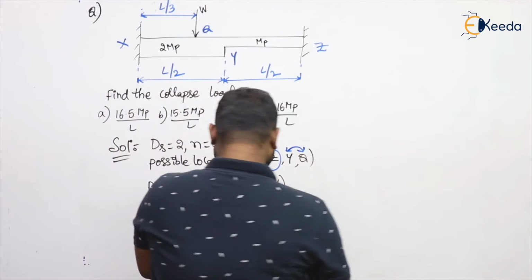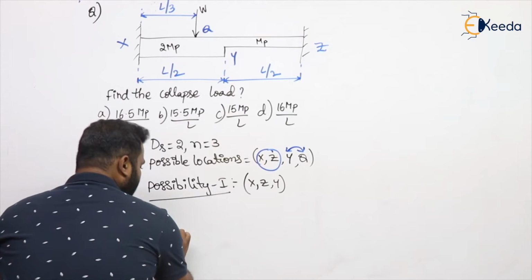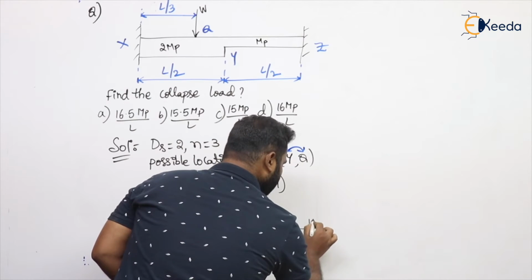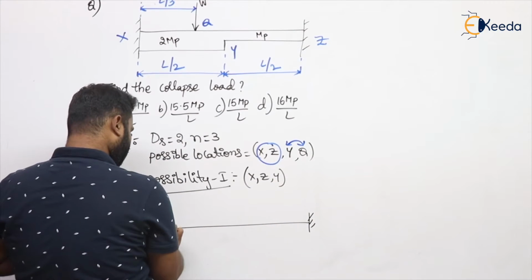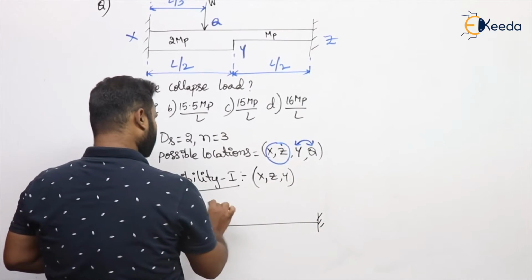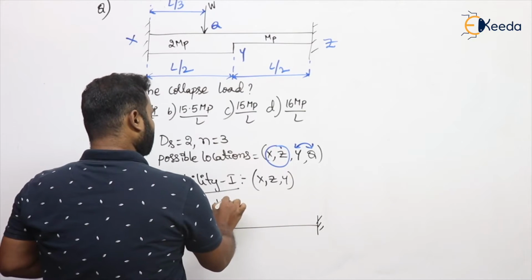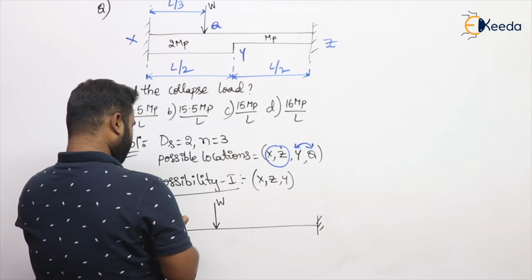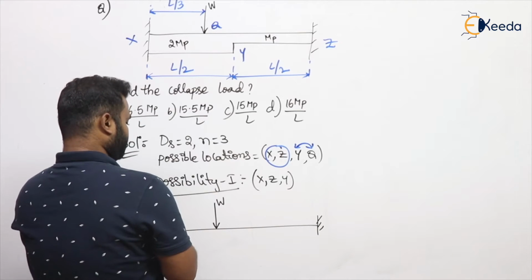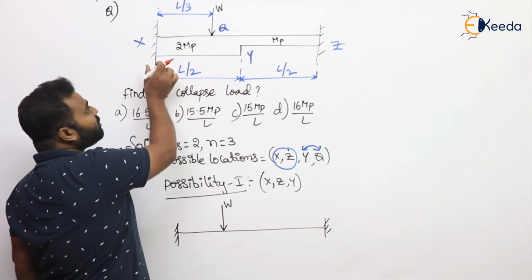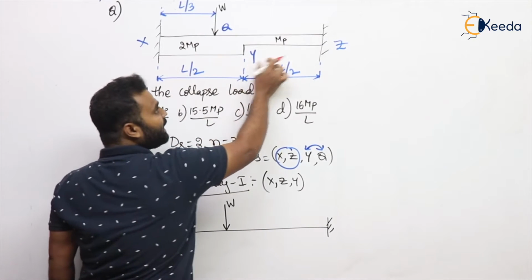Clear? So here we are assuming formation of plastic hinges at X, Y and Z.